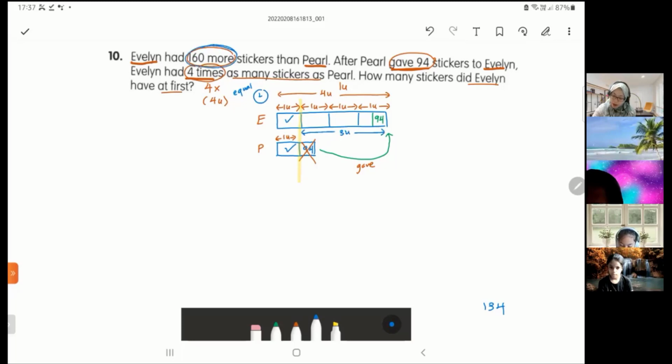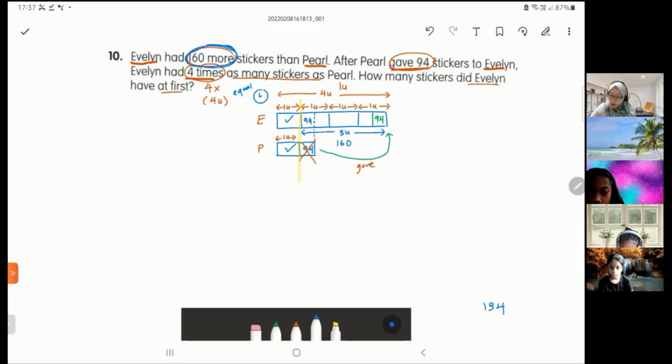Can you see that Evelyn has more? Evelyn has how many more? 160 more. But don't forget the 94 that was given. It's included inside here, and there is also this 94 which is included here as well. Because if you compare, can you see there's a 94 up there as well.